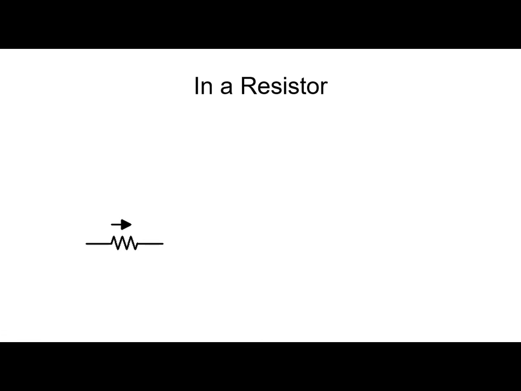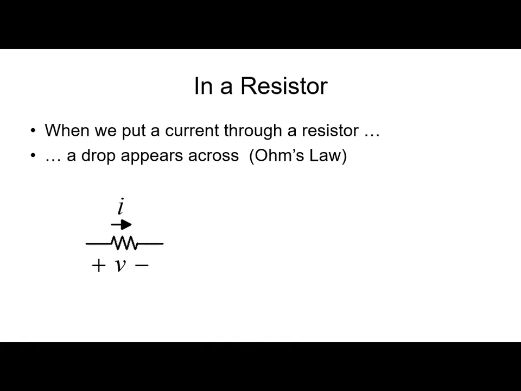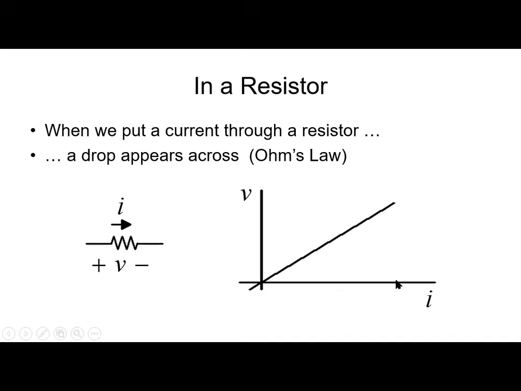Let's take a resistor like the one in the figure and we put a current through it. A voltage drop appears according to Ohm's law. Graphically, that drop produced by the current is linearly proportional to it, according to the resistance of the resistor.